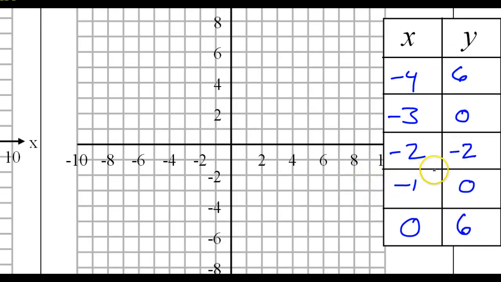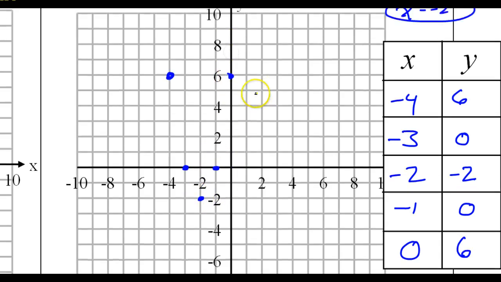So let's graph what we have so far. So we've got negative 4 comma 6. Alright, we've got negative 3 comma 0. Negative 2 comma negative 2. Negative 1 comma 0. And 0 comma 6.